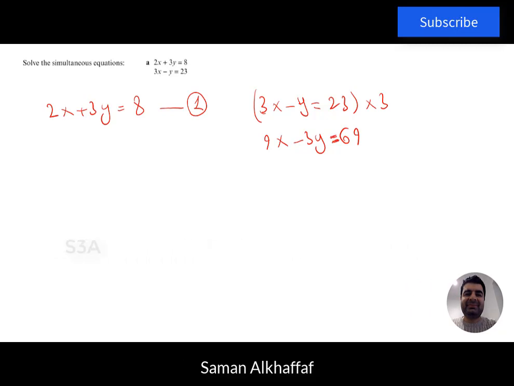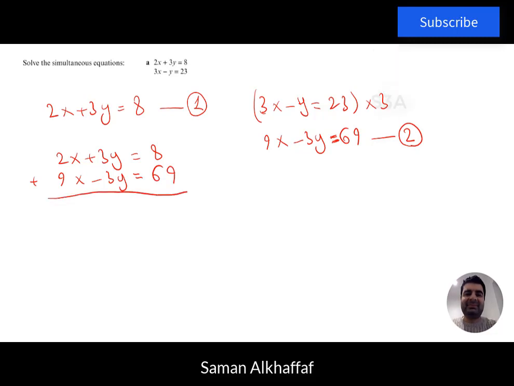Now this is our second equation. Now what we will do, we'll try to add both equations to each other. So that will give us 2x plus 3y equal 8, plus 9x minus 3y equal 69.